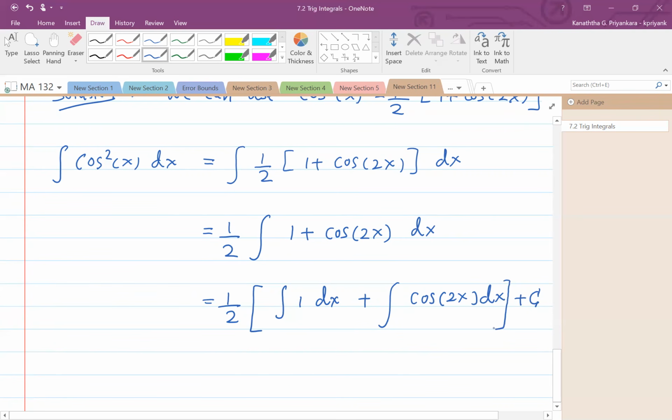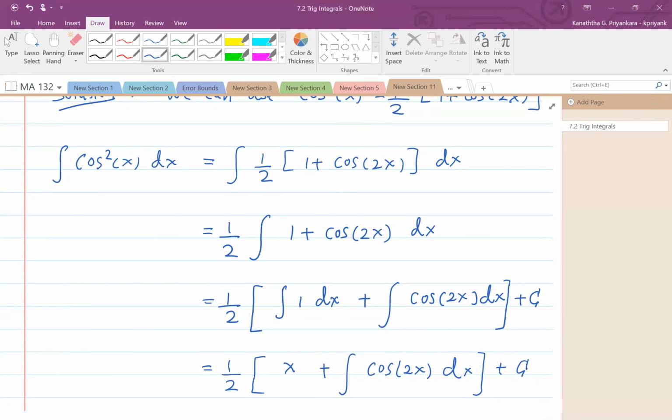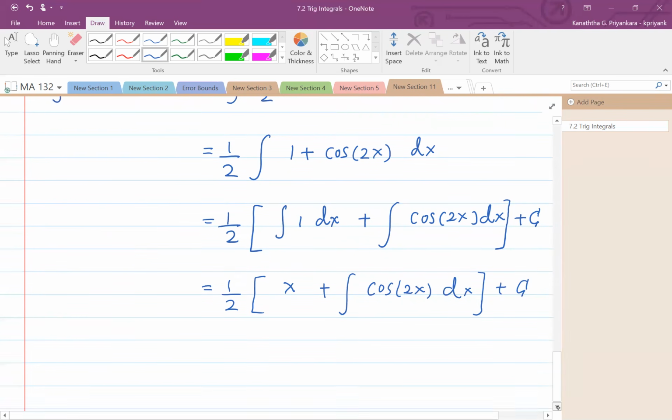Now we know the antiderivative of 1, which is x. So the first integral is an easy one. So 1/2 times x, plus then we have the second integral, cosine 2x dx, plus the constant c. Now we need to find an expression for the second integral.